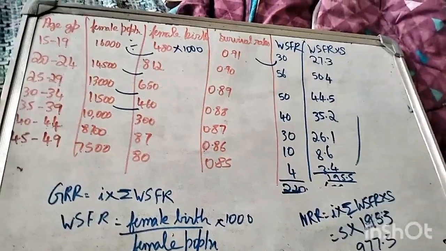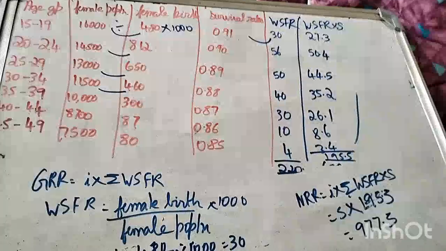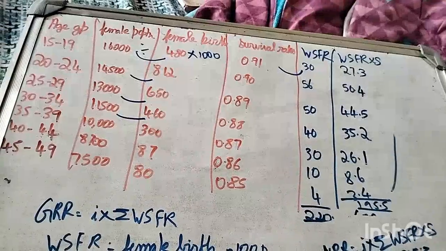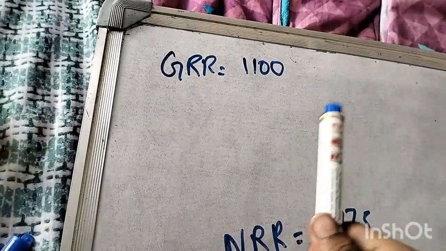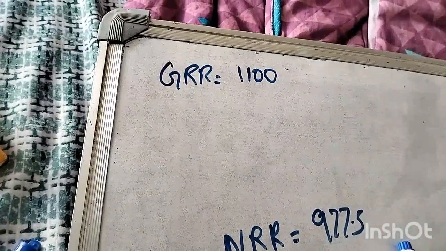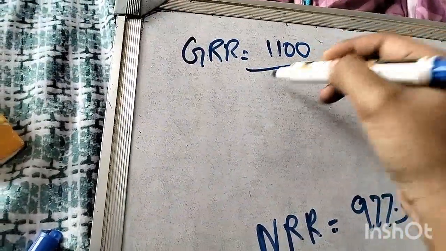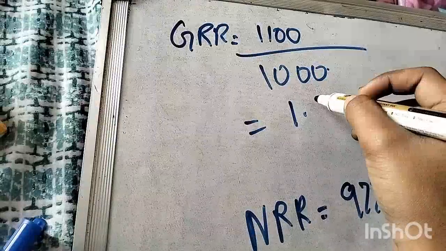If they ask you to comment on the GRR per woman and the NRR per woman, you take the values. GRR is 1100 and NRR is 977.5. For GRR per woman, you just divide the answer by 1000, so you get 1.1.